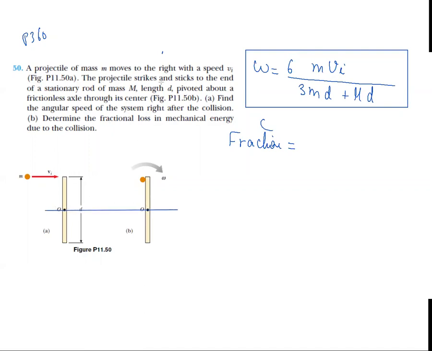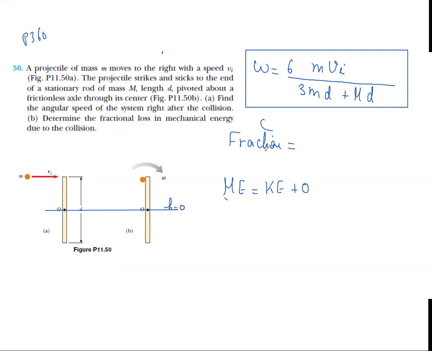The height of the center of mass is the same just before and just after the collision. So we have H equal to 0.